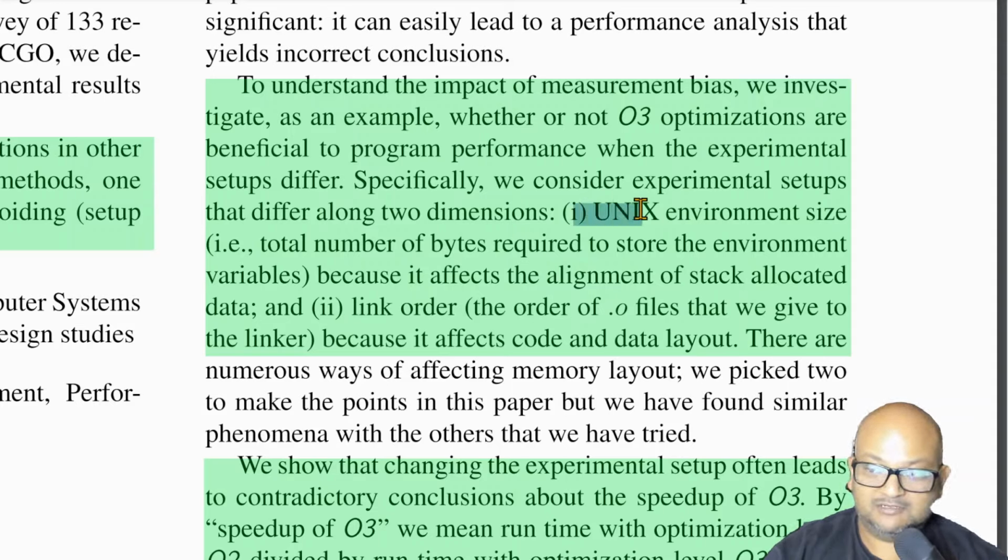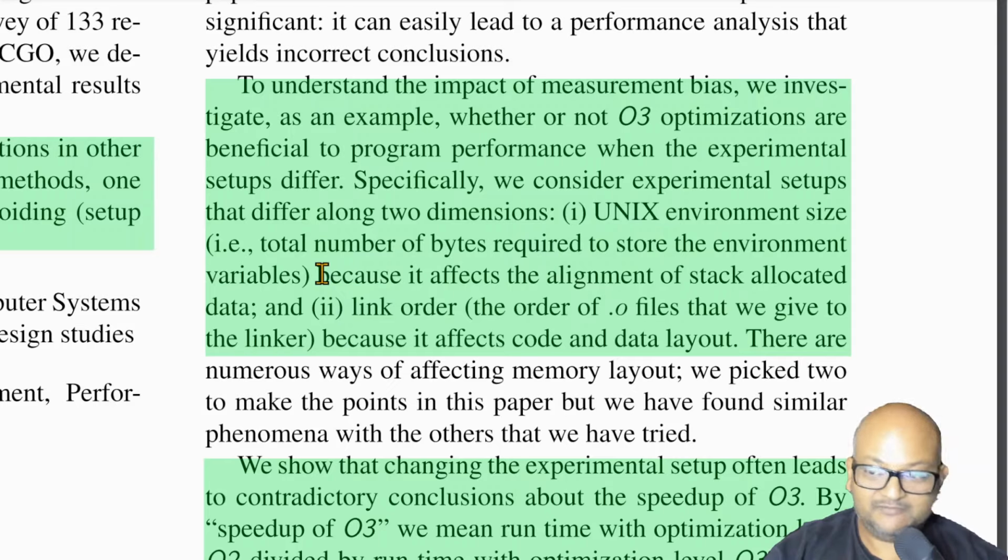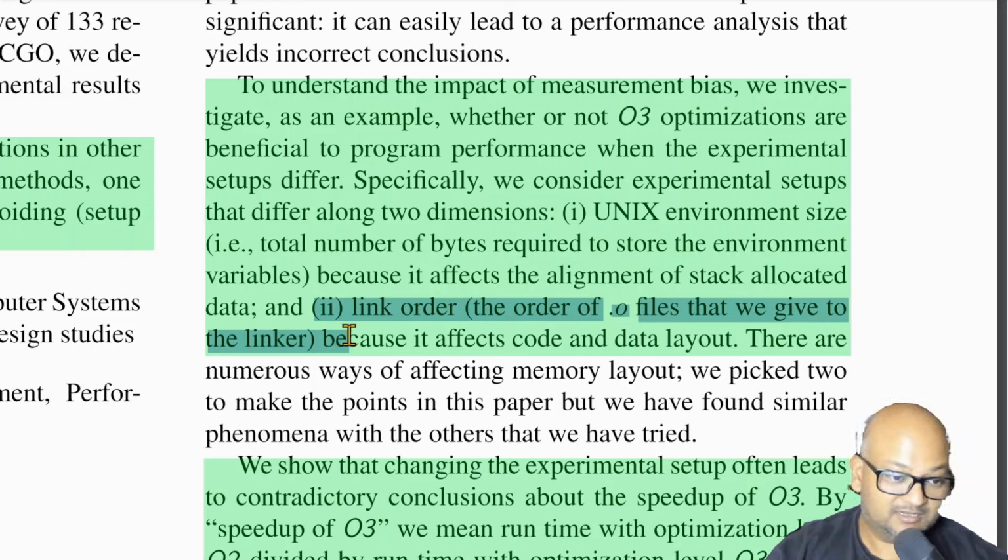And those are, number one, the Unix environment size, which is to say how many environment variables you have and what is the size of the values of those environment variables. And number two, the link order, which is simply the textual order in which the object files are provided to the linker to build the final executable.